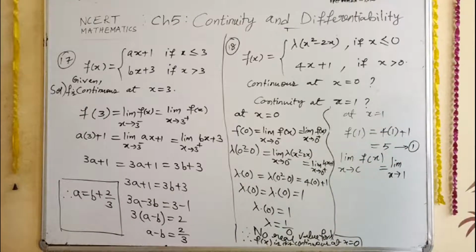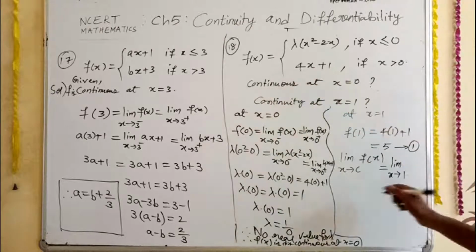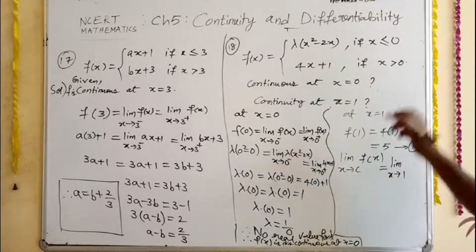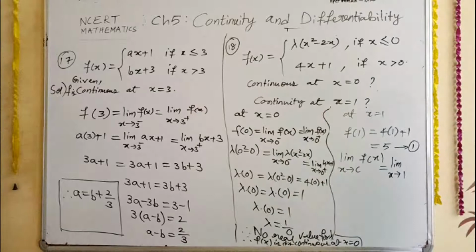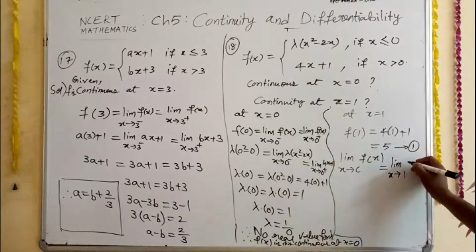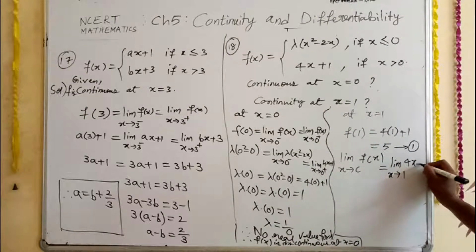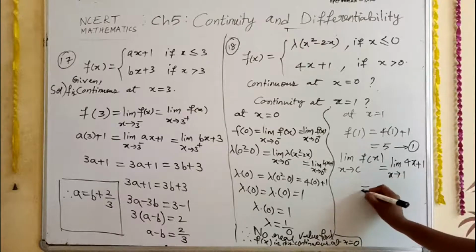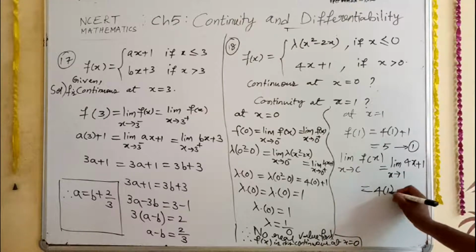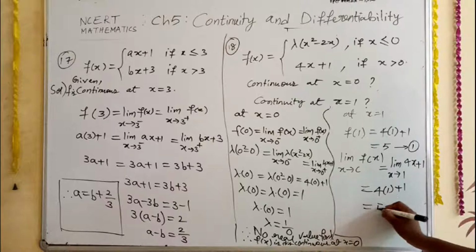Here f of x is nothing but 4x plus 1, because it is greater than 0 only. 1 is always greater than 0. So now we can write 4x plus 1. Just remove the limit and write 4 into 1 plus 1. That is nothing but 5.